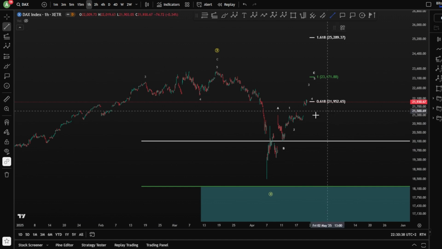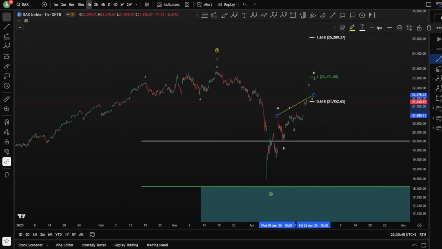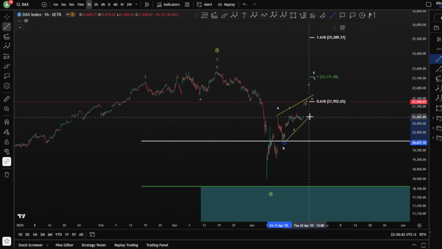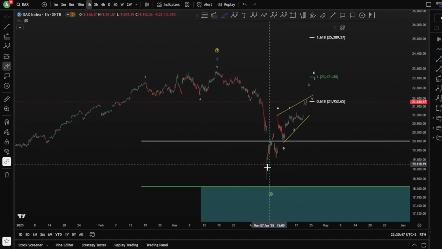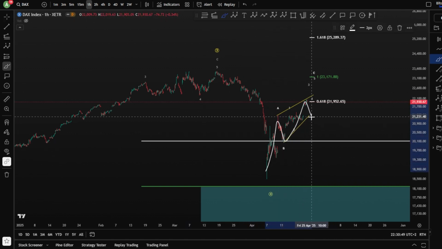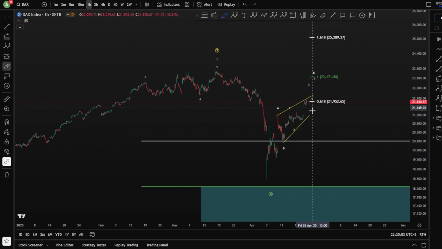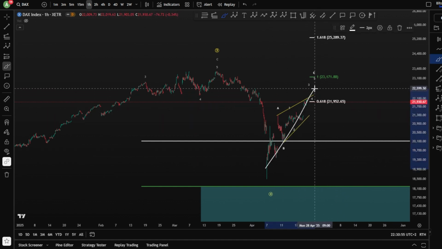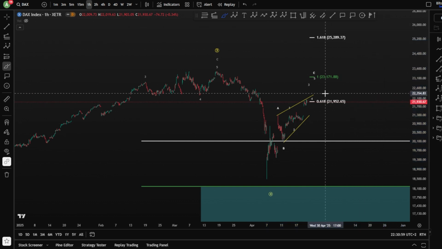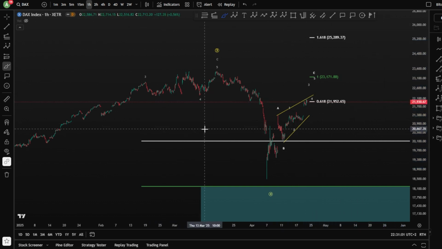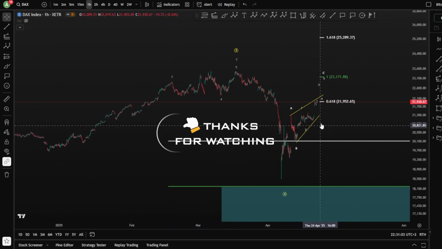So that is also a possibility, guys, to watch for in the next price action. And that means if you are in 1, 2, 3, 4, and a 5, you would like to see a finished wave 1 as a leading diagonal, then wave 2, then wave 3 continuation and recovery for the DAX. So basically those are the counts for the DAX.